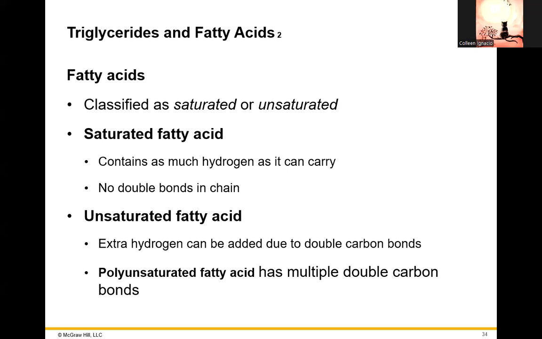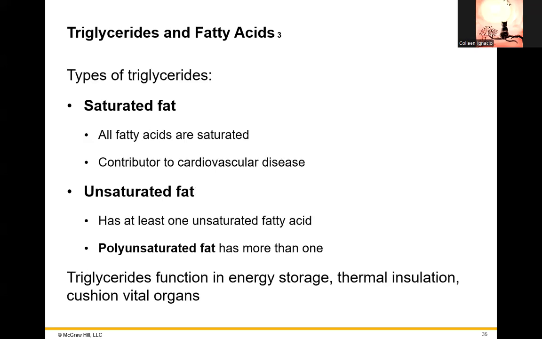A saturated fatty acid contains as much hydrogen as it can carry. An unsaturated fatty acid has extra hydrogens that can be added because of the double carbon bonds. Polyunsaturated fatty acids have multiple double carbon bonds. So it's all about the chemical bonds when we think about the differences between saturated and unsaturated fats.